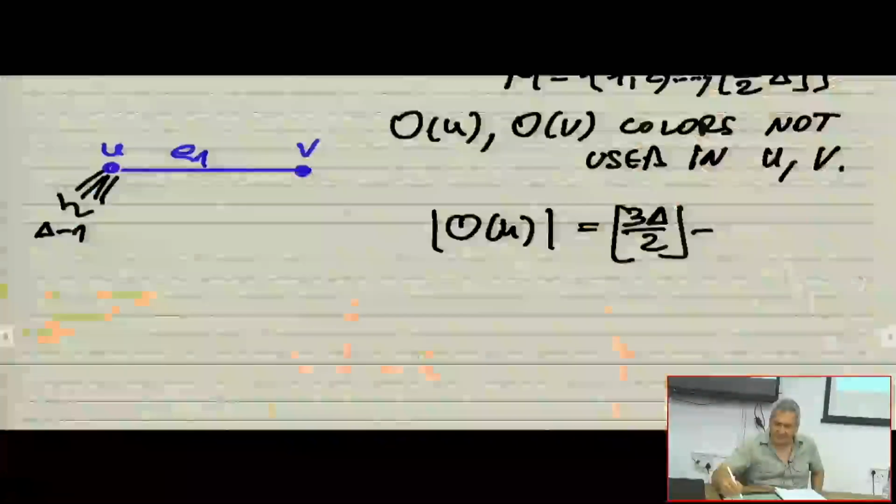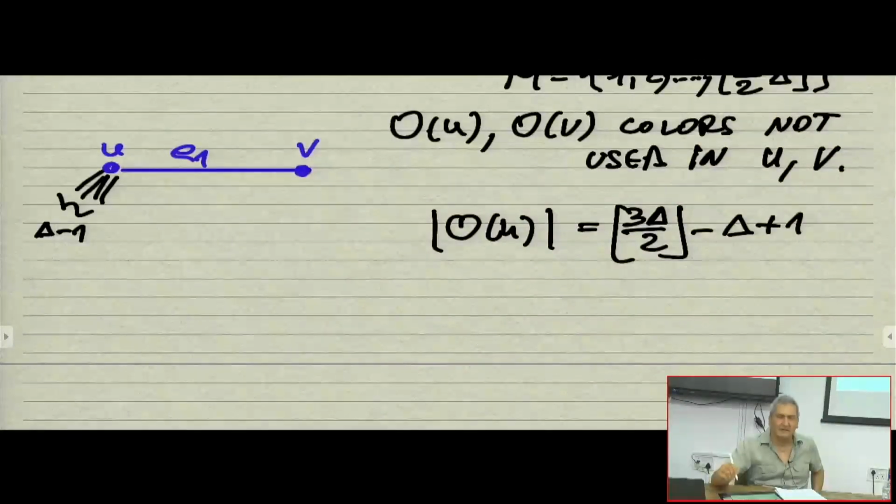We have 3 delta over 2 colors and used at most delta minus 1, because this edge is not colored. So it is 3 delta over 2 minus delta plus 1, which is delta over 2 plus 1.